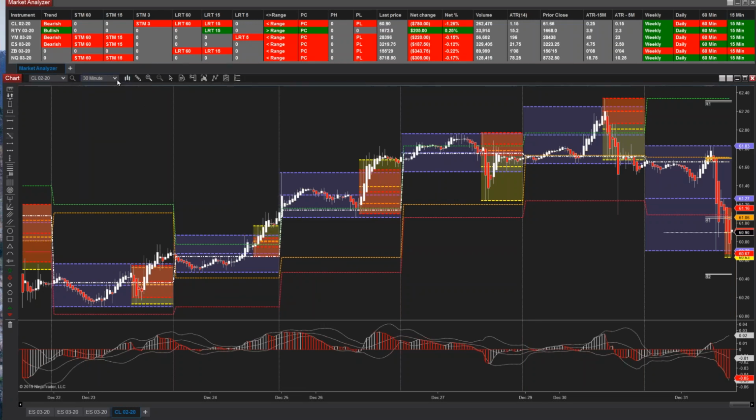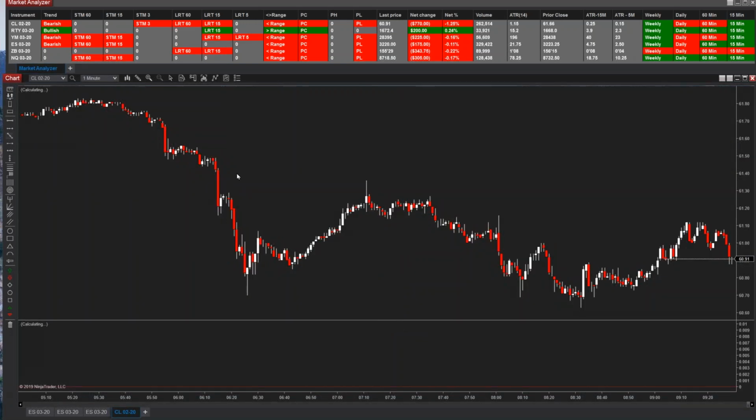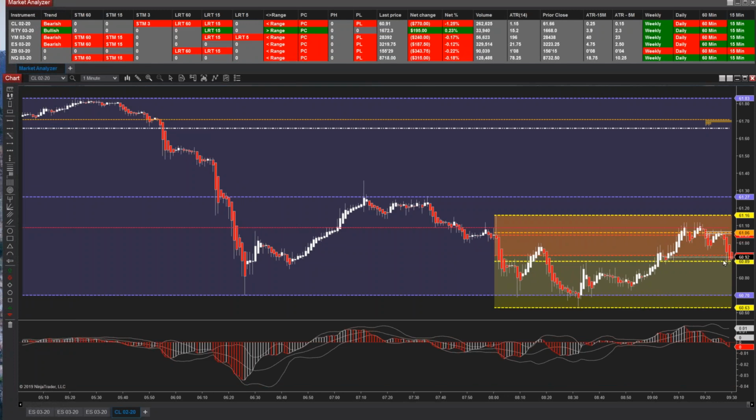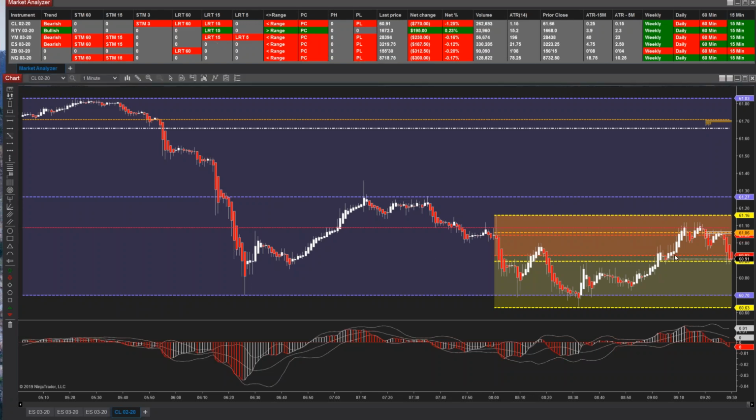And there's what I like to do on the 1 minute opening range is use that as a pivot. If I'm below that 1 minute opening range, I want to go short. If I'm above it, I want to go long. And if I'm back inside the opening range, I sit on my hands, right, generally.